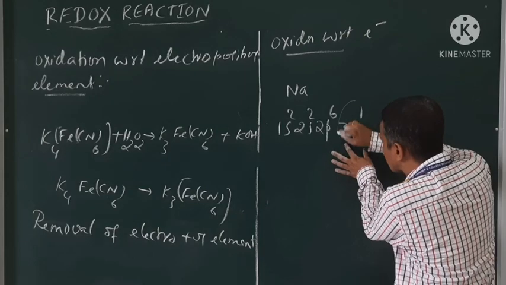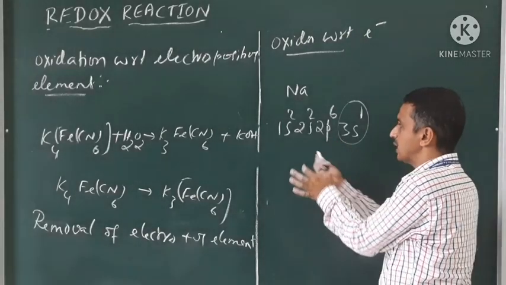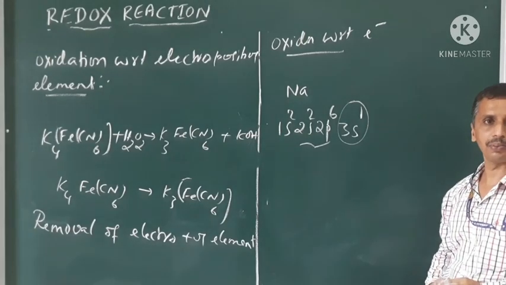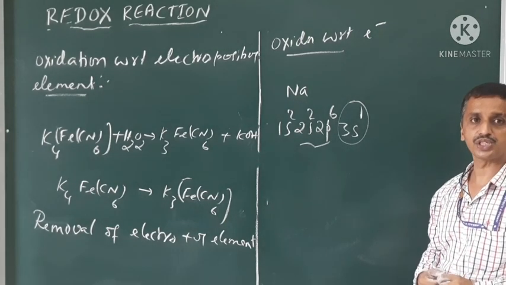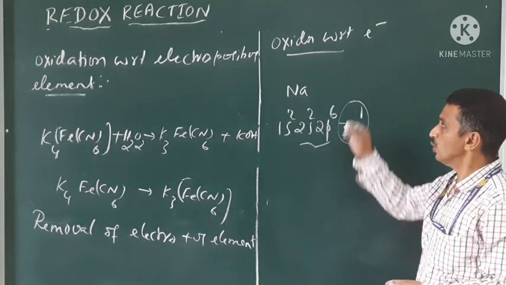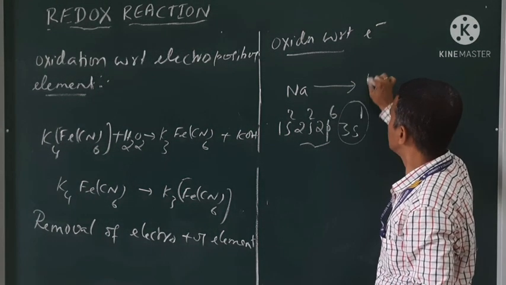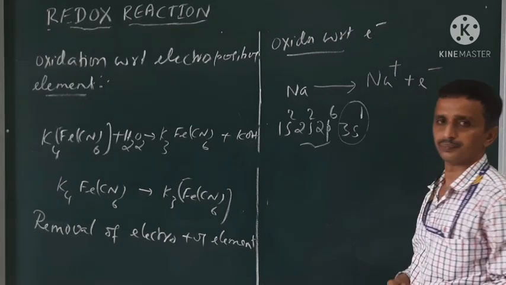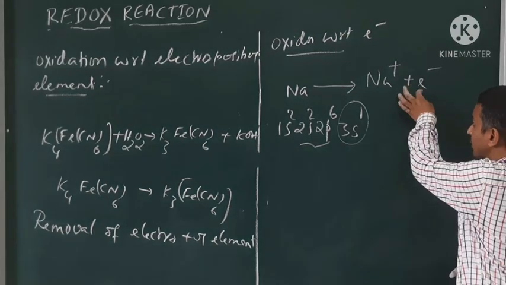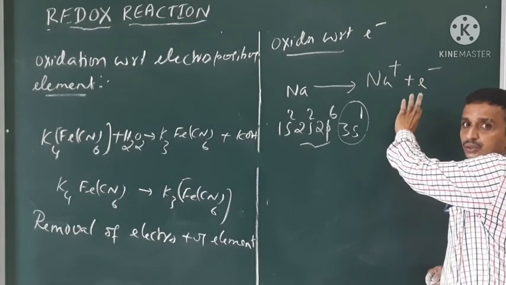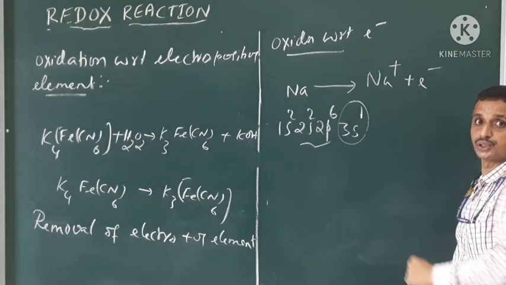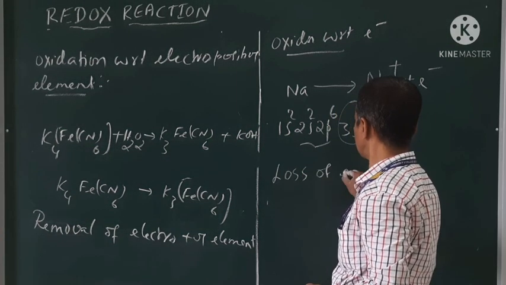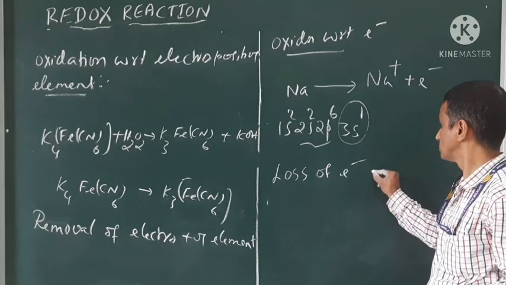If this electron is lost, it attains the octet structure with a proper symmetrical arrangement, which is stable. So sodium can easily lose the electron and form Na plus ion. And as electron is lost, here we call it the oxidation process. That is, loss of electron is oxidation.